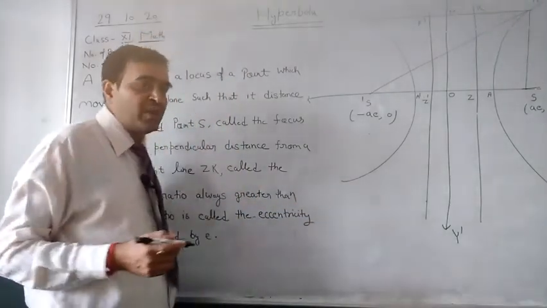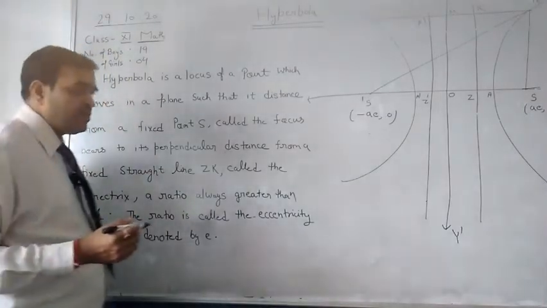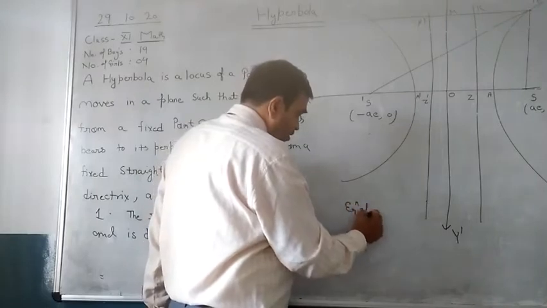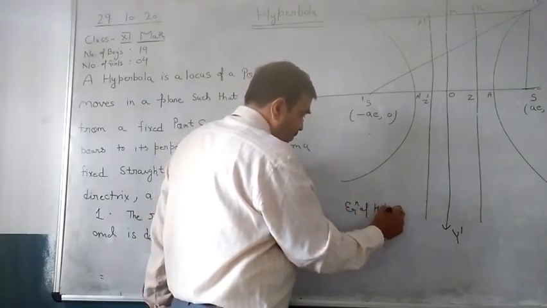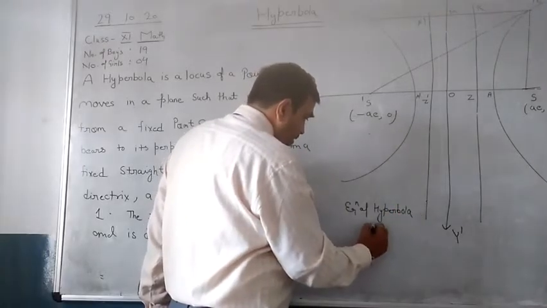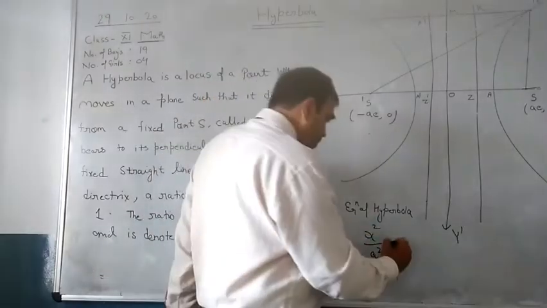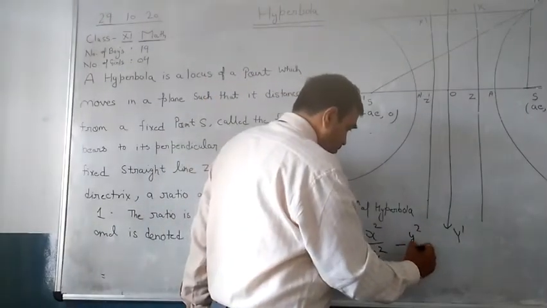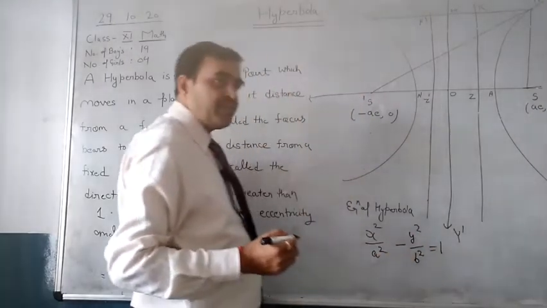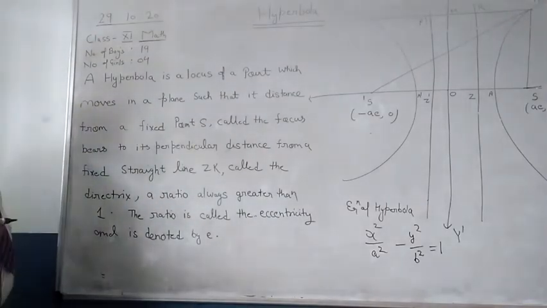Equation of hyperbola: x square upon a square minus y square upon b square is equal to 1.